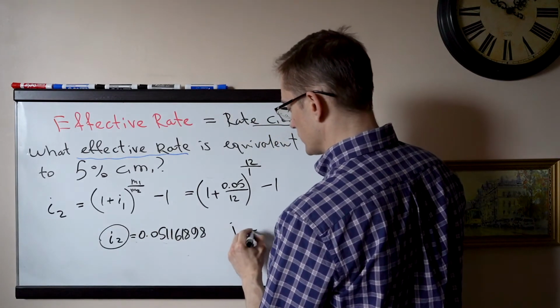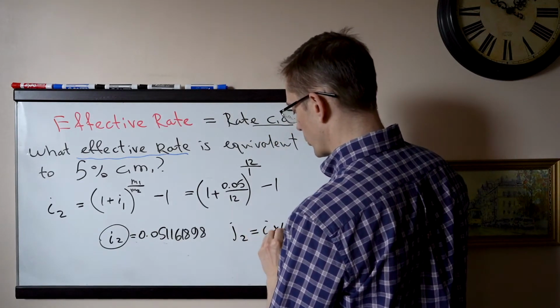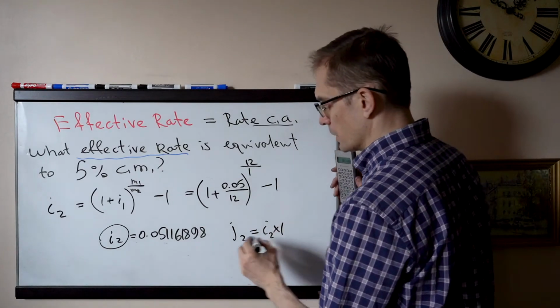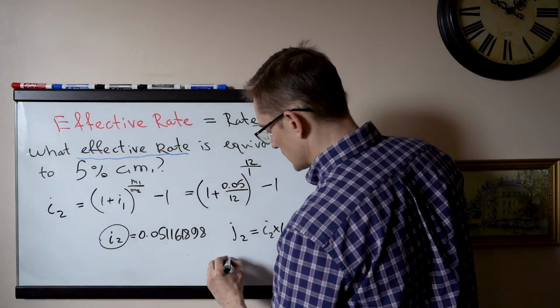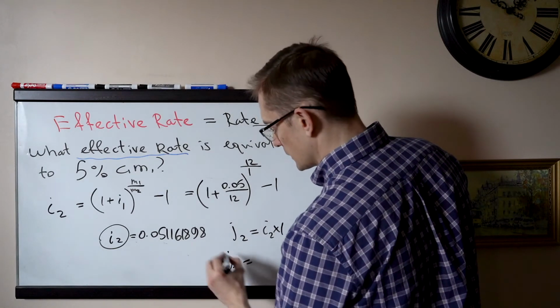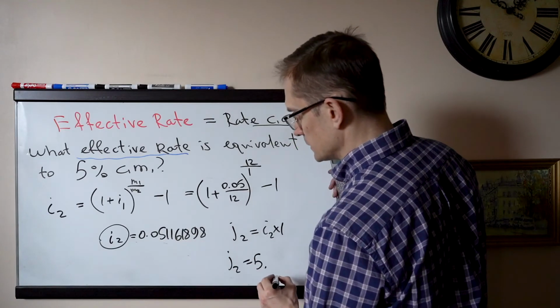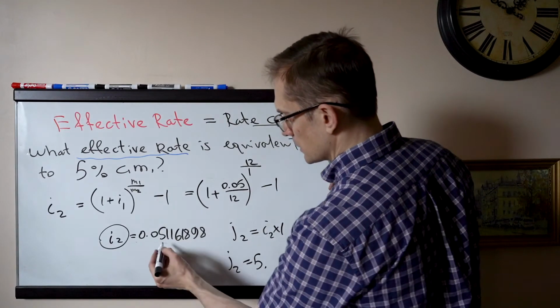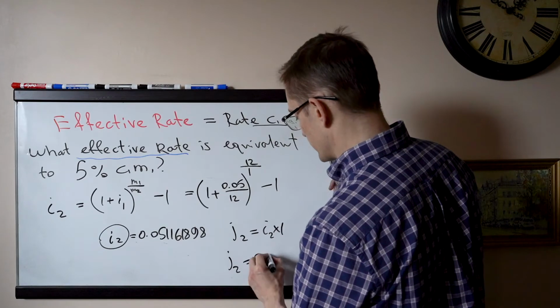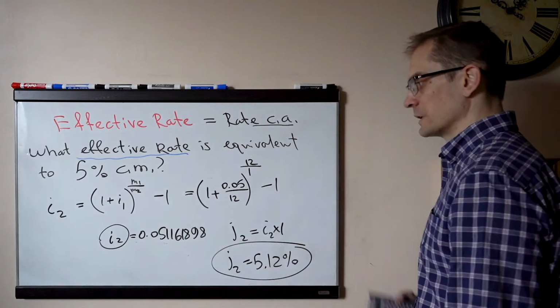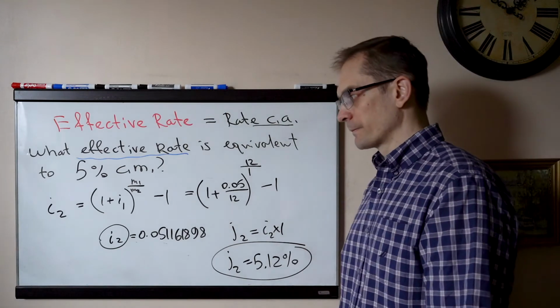Because J2 is basically I2 times 1 in this case. This rate is compounded only one time per year. So the answer is J2 is 5.12%. So we found that effective rate.